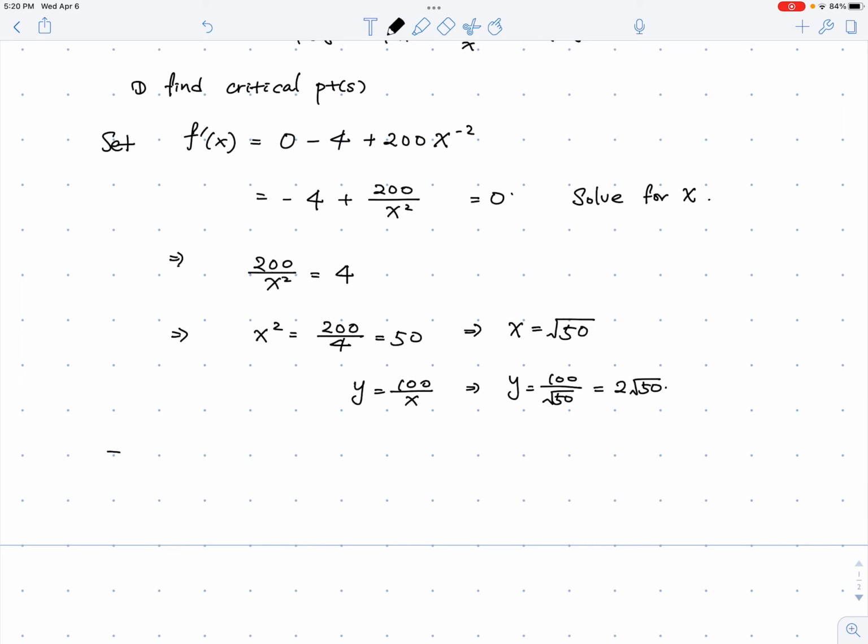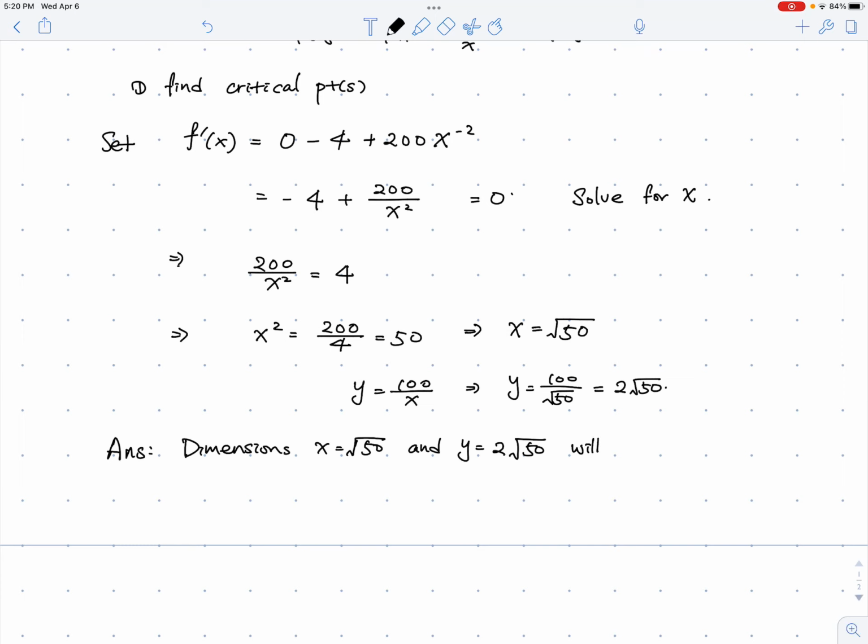Alright, so therefore dimensions x equal to root 50 and y equals 2 root 50.